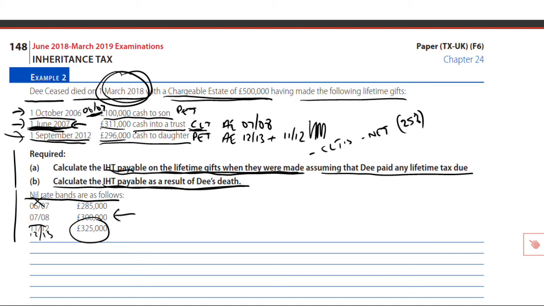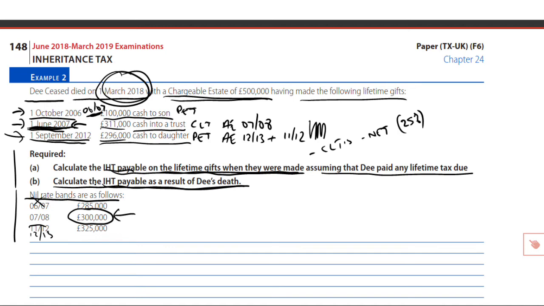Because one of those chargeable transfer figures is then a CLT, that means you need to compute the computation headed lifetime transfers chargeable when made, which is exactly what we did in the previous example 1, but when computing that tax, looking down here, we can see that at the time it was made, the nil rate band was £300,000.